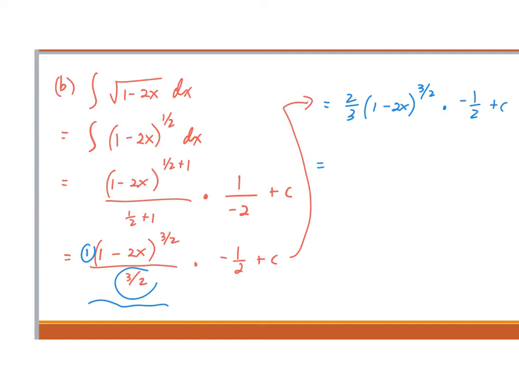So we can now multiply this and this. So we get negative 1/3 1 minus 2x power of 3 over 2 plus c.